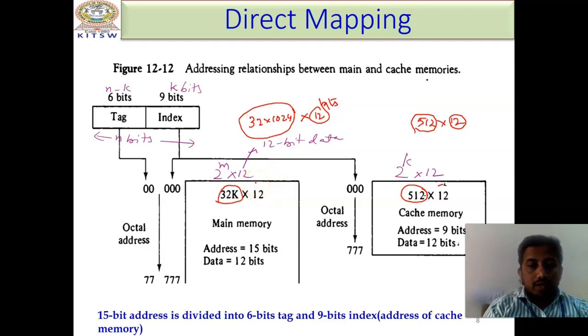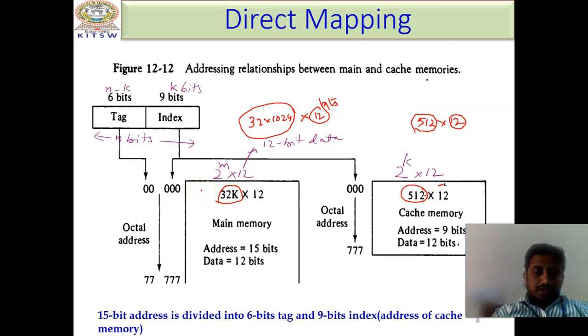So here, out of this, 6 bits are used as tag bits, and the tag number starts with 00 and ends with 77. And the index bits would be a set of 9 bits. 9 bits will give you the index address.